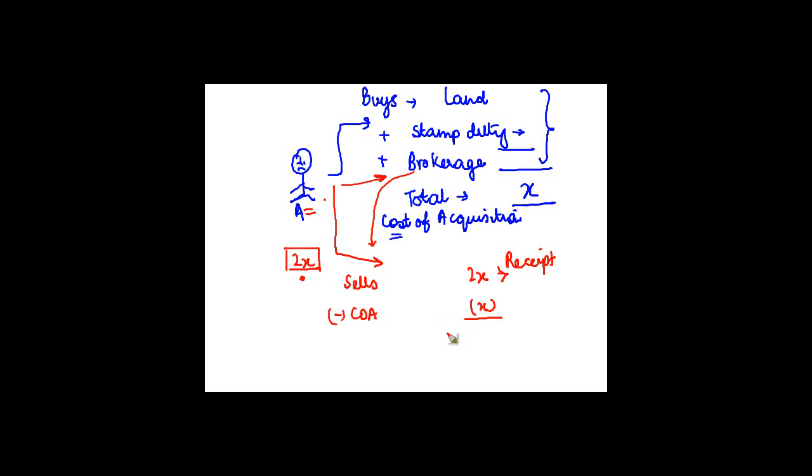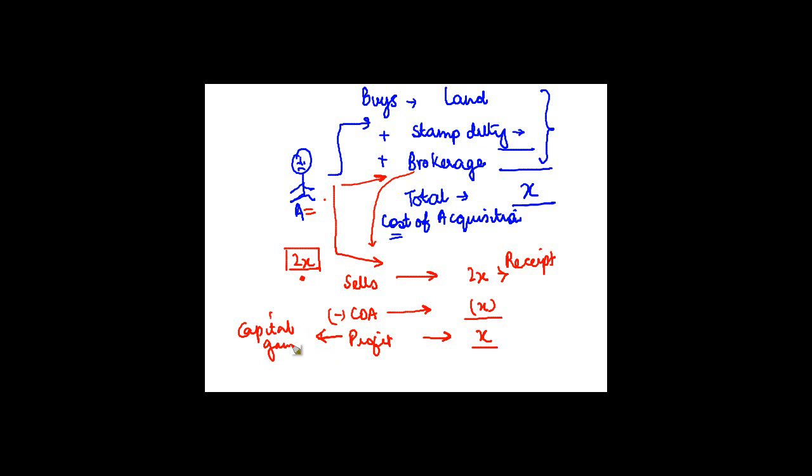They obviously don't come for 10 rupees, but I'm just giving you an example. You sell those shoes for 20 rupees. What is the profit that you make? You make only 10 rupees of profit, which is 20 minus 10. Why? Because the balance 10 you have to obviously pay back to me. So similarly, when you sell it for 2x, and the cost of acquisition is x, the profit is x. This profit is nothing but the capital gain.